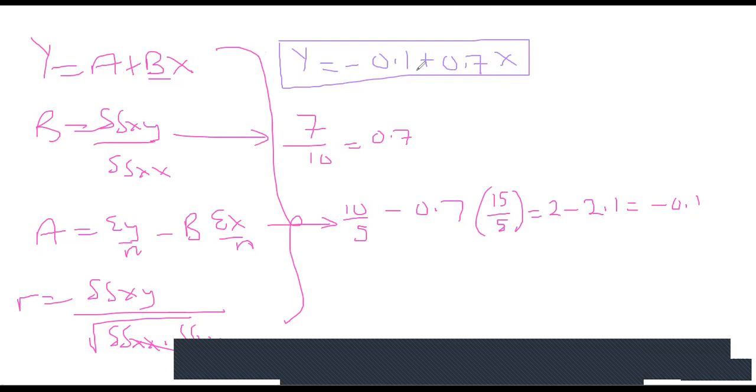Yes, we're together. So if they told you that if x is 10, you simply substitute it in this regression equation. So where there's x, we're going to put what? A 10. So when we put a 10 there, our y is simply going to be 6.9.